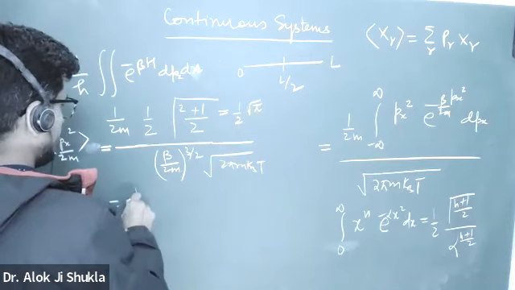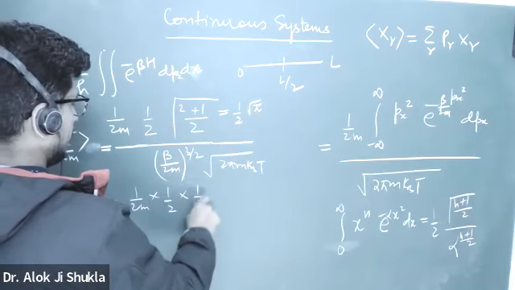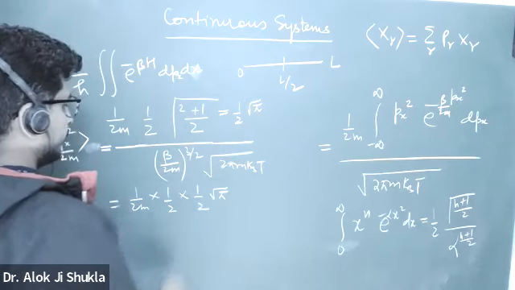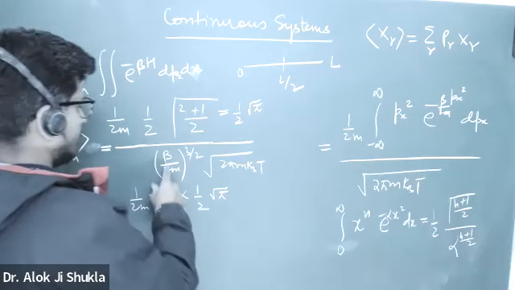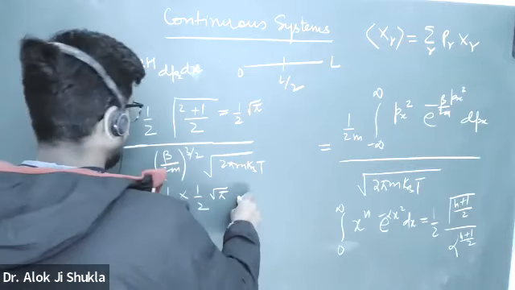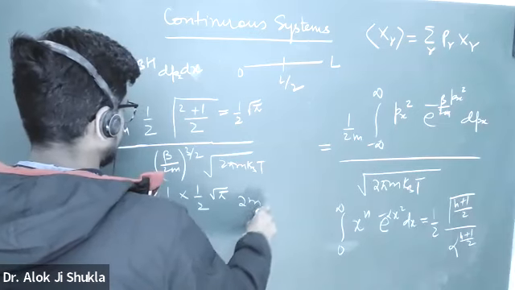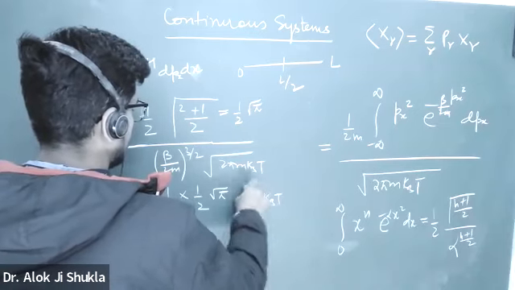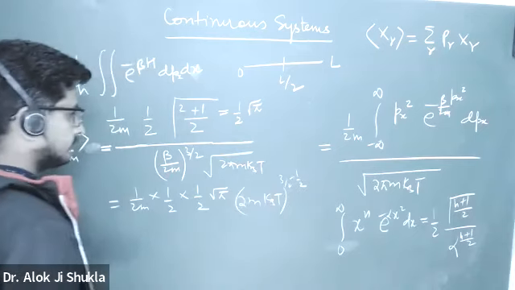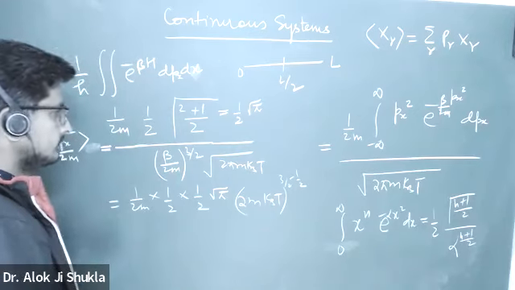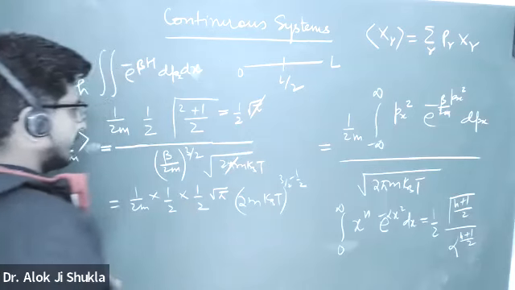So this will be 1 by 2m into half under root pi into what is coming from here, 2 times 2m kbt to the power 3 by 2 minus 1 by 2. And this root pi and root pi will cancel.